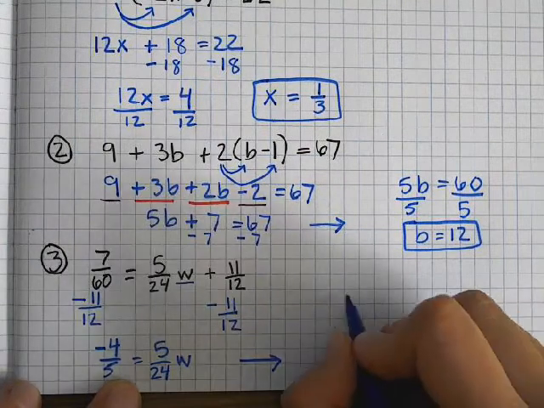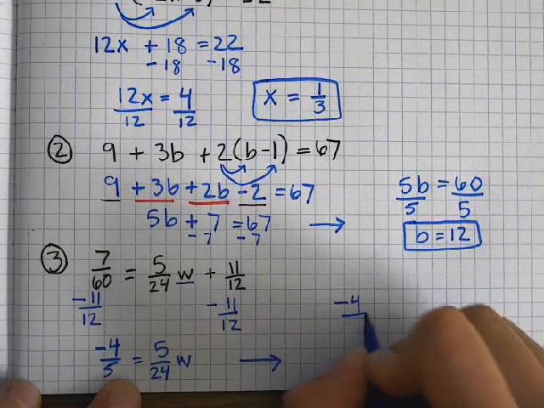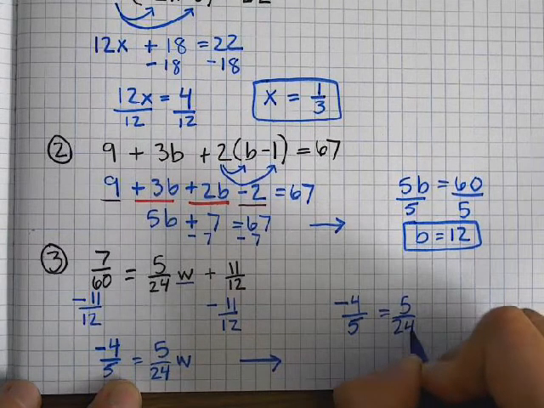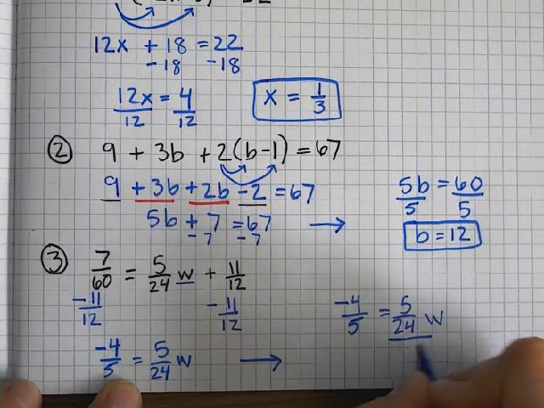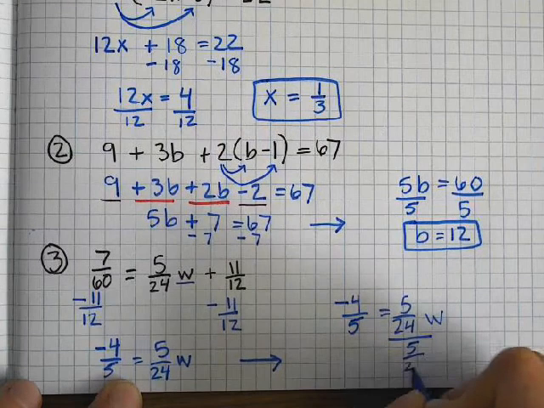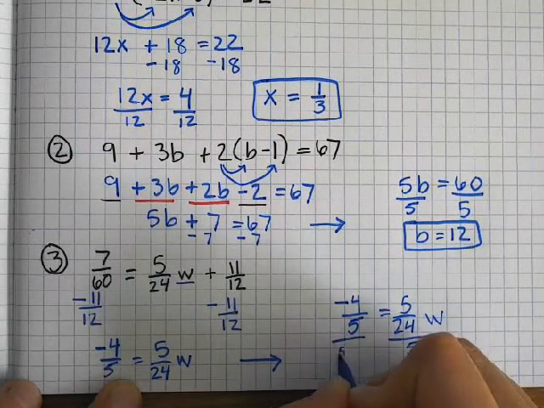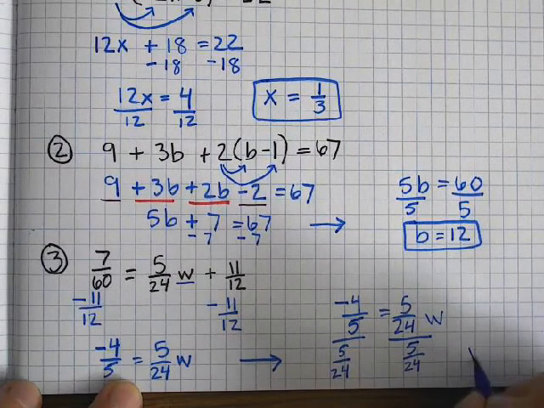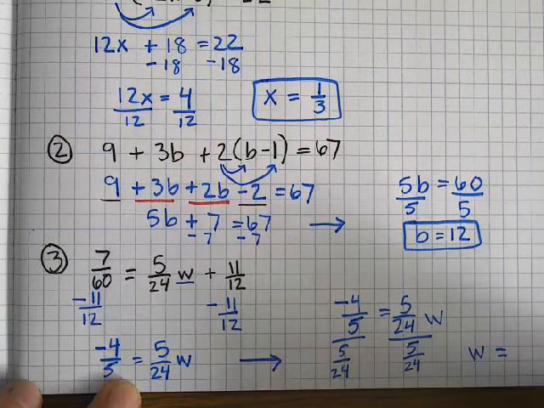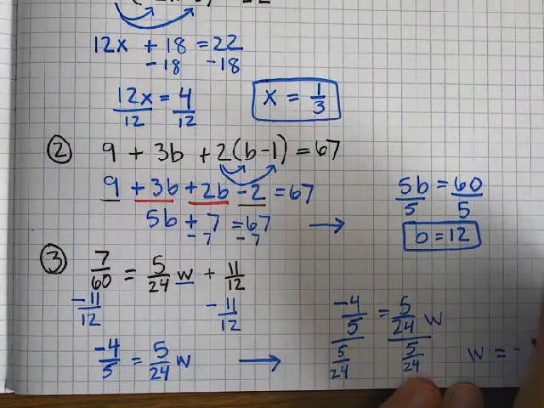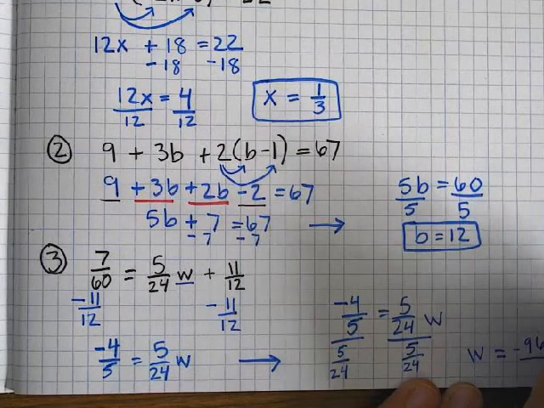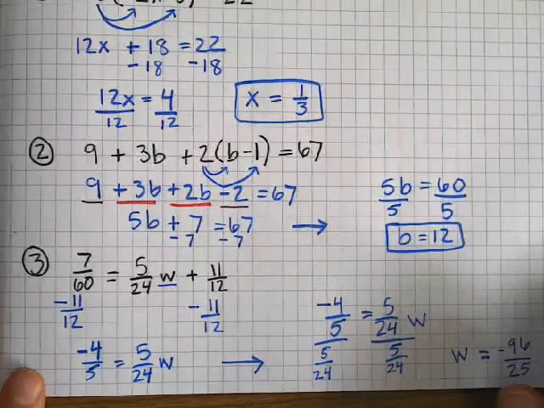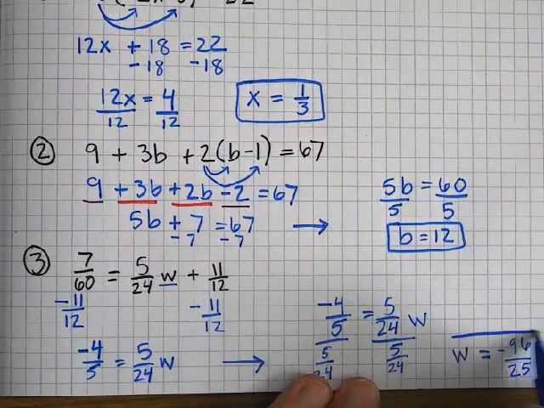Do whatever you like. I'm running out of room over here, so I'm going to rewrite the problem. We divide by 5 over 24, and that leaves w equaling, this is crazy, negative 96 over 25.